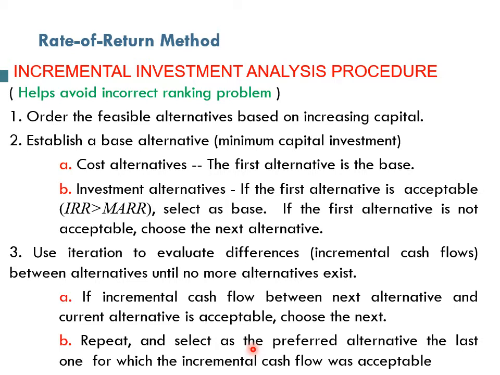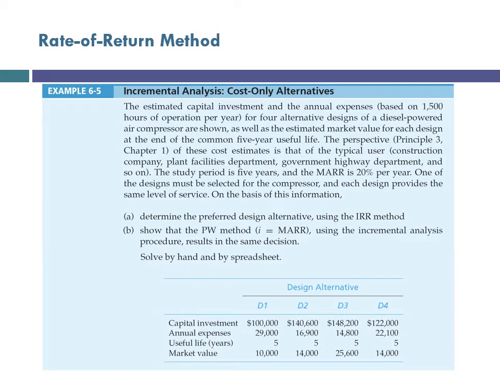Now let's solve another example problem in which the project alternatives are cost projects. According to this problem, there are 4 different diesel-powered air compressors. D1, D2, D3, D4 represent these. Their capital investments are given to us.